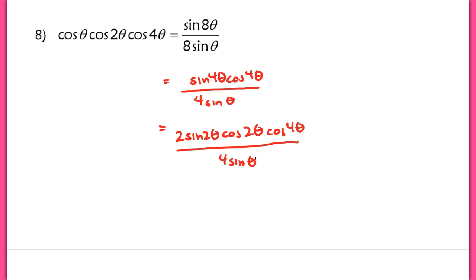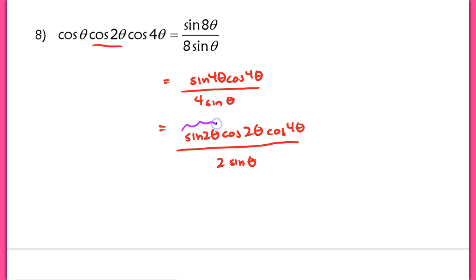Now again, I see that I have that 2 over 4 here, so I'm going to simplify that and write that as 2 sine theta. And then I'm also going to leave this cosine 2 theta alone again because I see that I want to have a cosine 2 theta. And then finally, I'm going to take that sine of 2 theta.